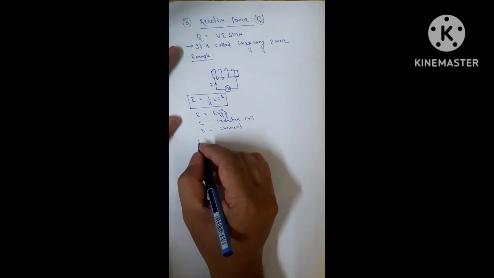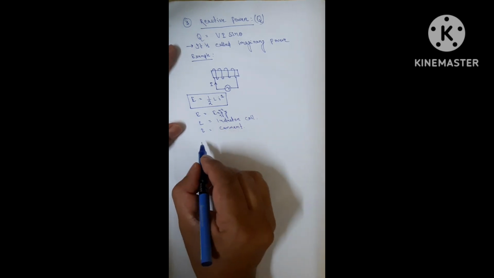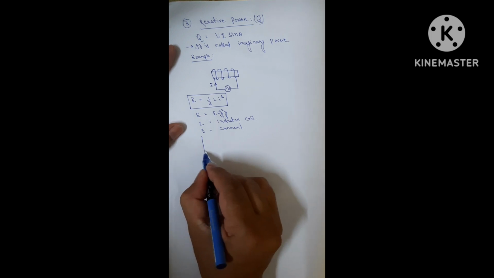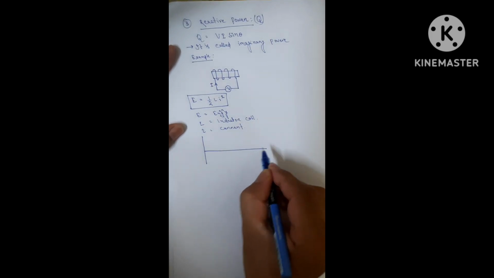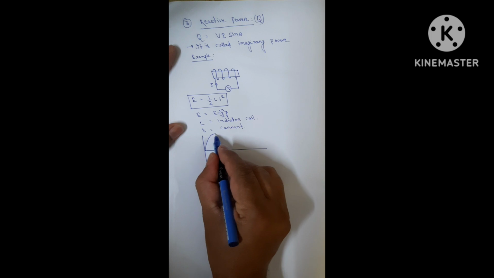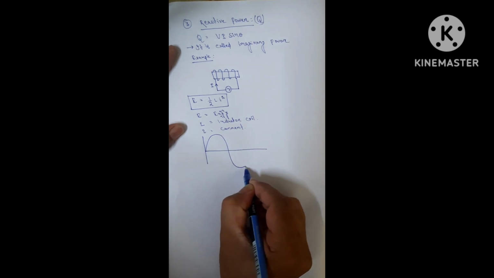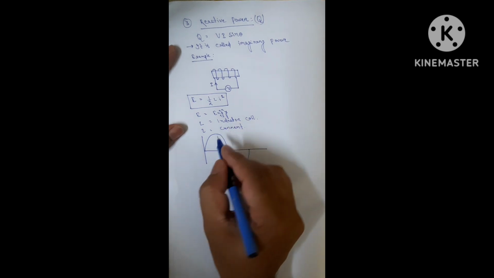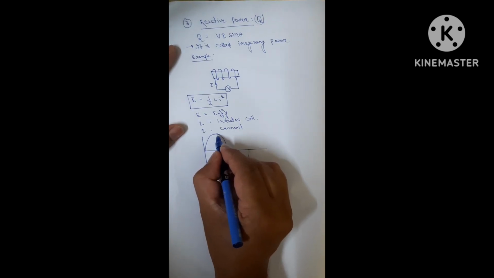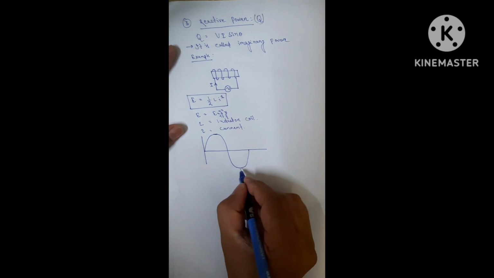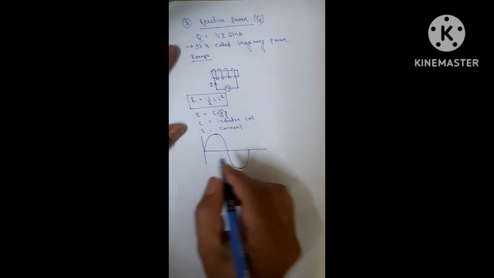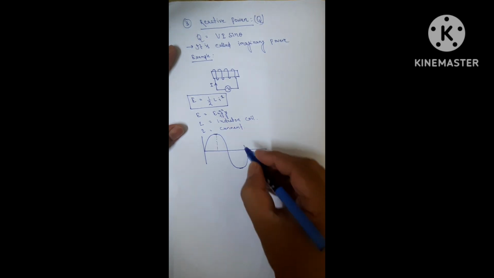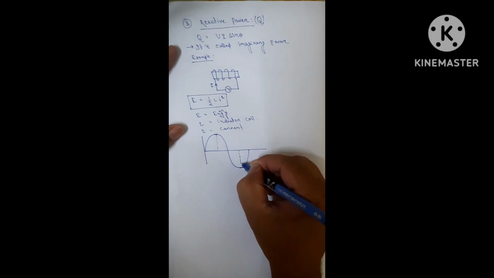Correct? Now in this circuit, let's draw an AC cycle, one cycle. This one is your positive wave peak, this one is your negative cycle peak.